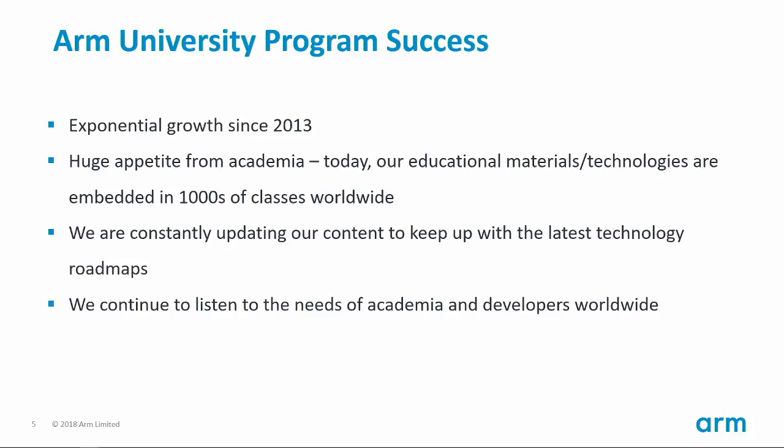Looking at the university program, it was created in 2013, and nowadays we have thousands of universities worldwide adopting the Arm education kit. So it has achieved huge success in helping the industry facilitate skill training.